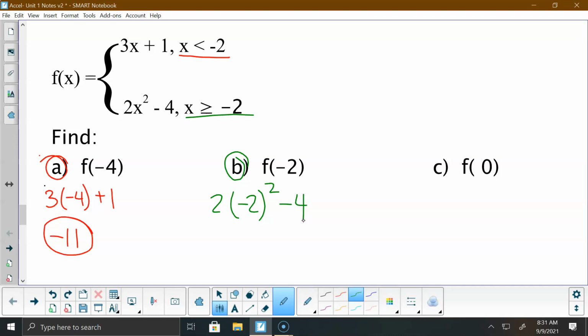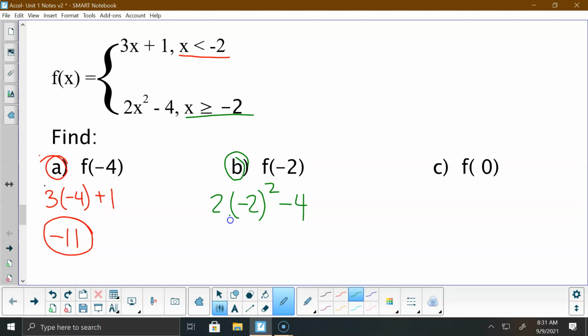All right. When you guys go to evaluate that, make sure you're following your order of operations correctly. Okay? So what that means is, when I say use your order of operations correctly, don't try to multiply the 2 times the -2.